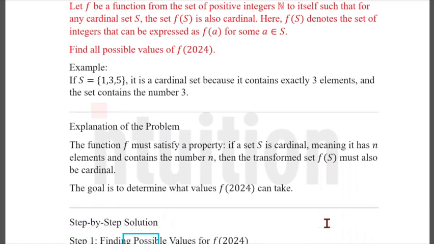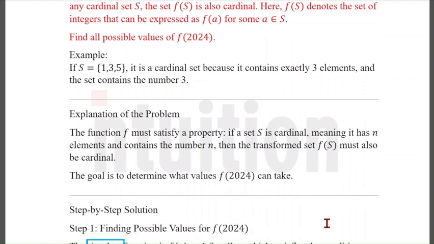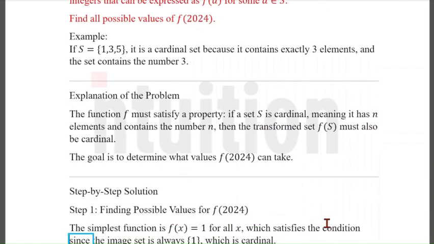Step-by-step solution. Step 1. Finding possible values for f(2024). The simplest function is f(x) = 1 for all x, which satisfies the condition since the image set is always {1}, which is cardinal.